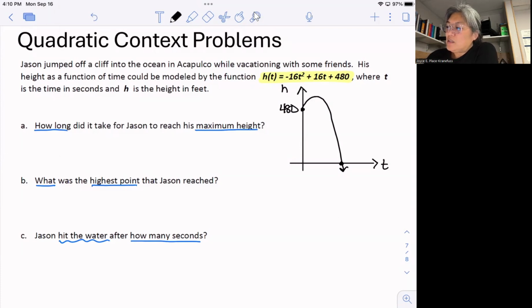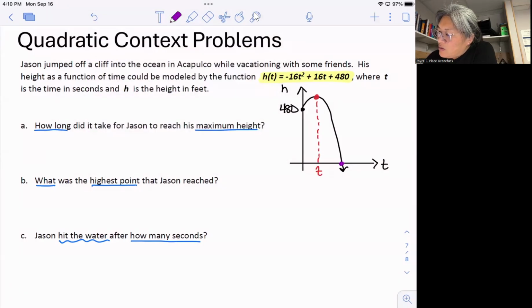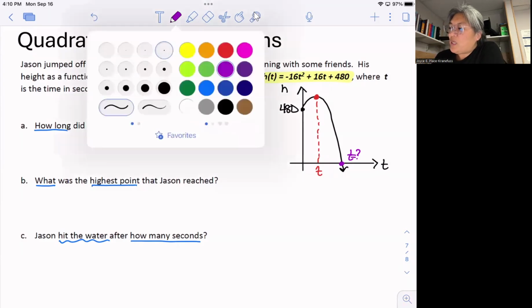So what happens? Well, we know he hits his top height at a specific T value. We also know that he hits the water at some value of T. That's our x-intercept, or in this case, a t-intercept. So how long does it take to reach his maximum height? That means we need to identify this point.